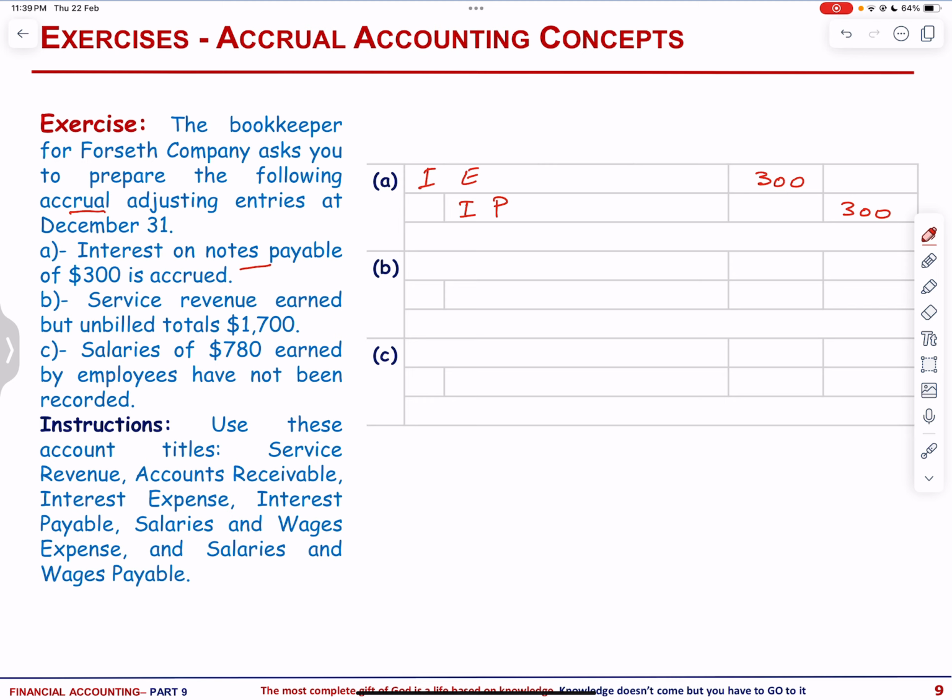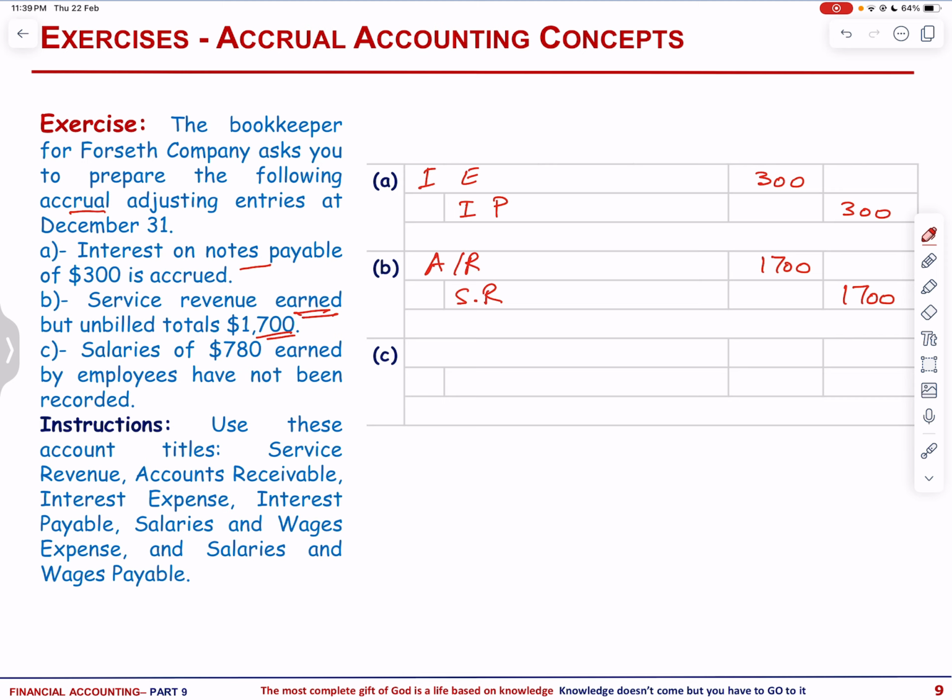We move on to number B, service revenue earned but unbilled. If it is unbilled, that means accounts receivable is debit by 1,700, and service revenue is credit by 1,700.